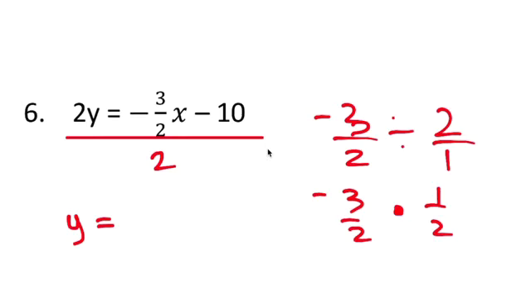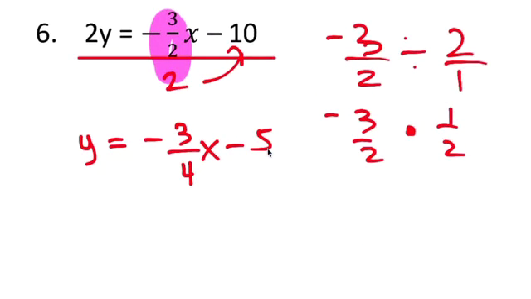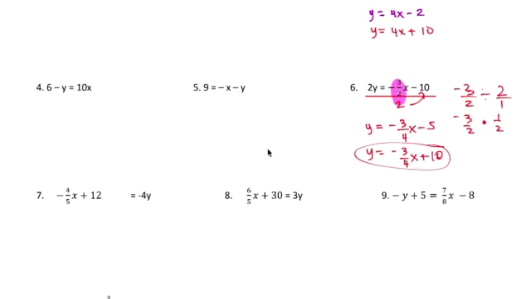So that is negative 3 over 4x, and that's that when you divide. Minus 2 divided into 10 is 5 times. So parallel, slope's the same, plus 10 again if you want, 8, whatever you want there. And that's how you do that one.